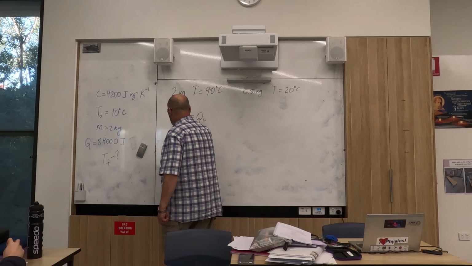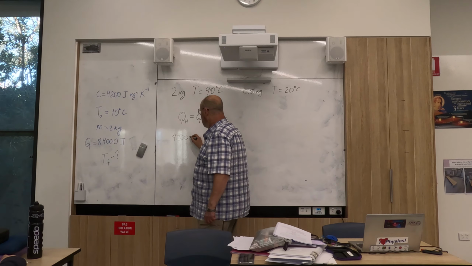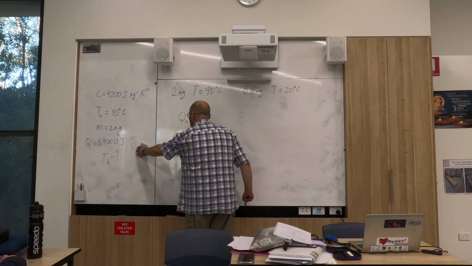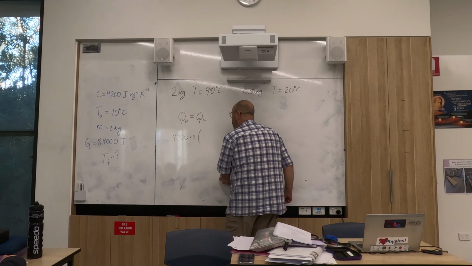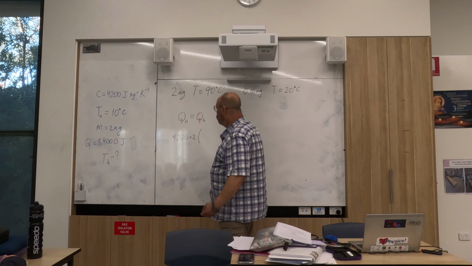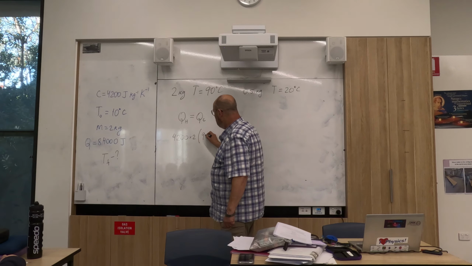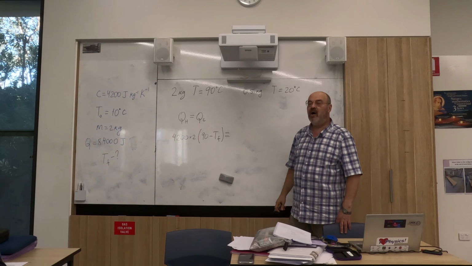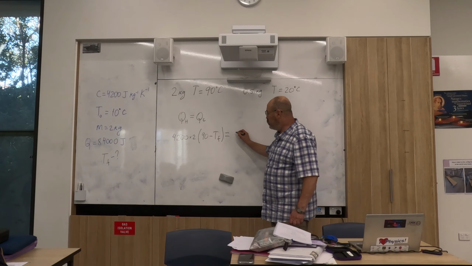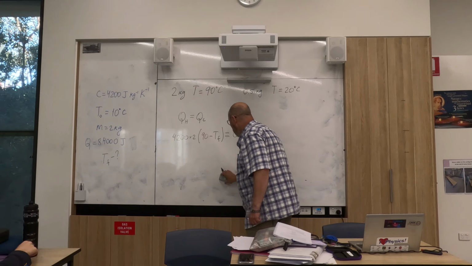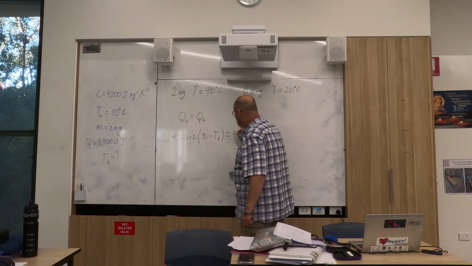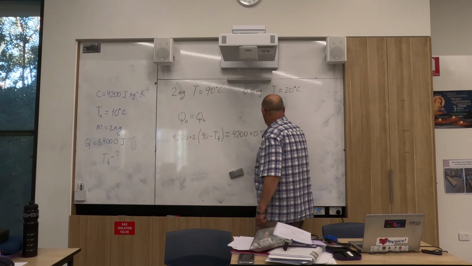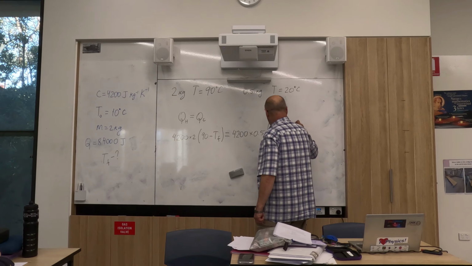We have 4,200 C times mass 2 times, because it's giving heat, so final will be smaller than initial, so we'll do 90 minus final. Equal, how much cold water will get? 0.5 times 4,200, it's still the same substance, water, times final temperature minus 20.